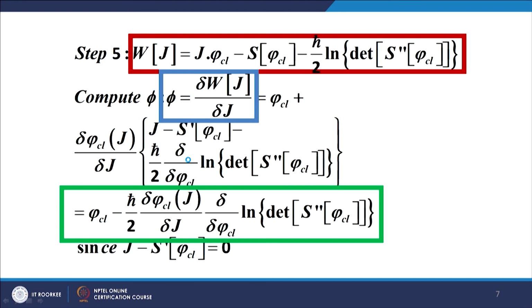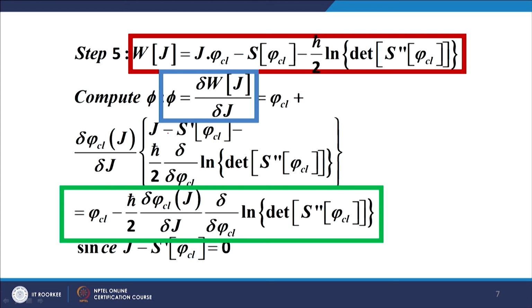And that being the case, when you functionally differentiate the expression in the red box with respect to j, what we get is phi classical minus the rest of the expressions, which are here with a prefactor of delta phi classical j upon delta j, and the rest of the expressions are within the brackets.